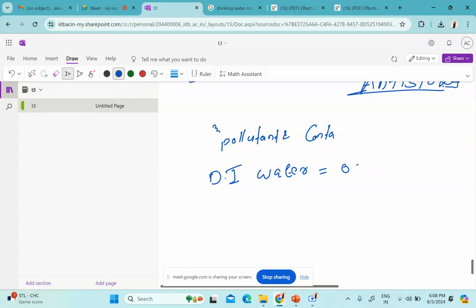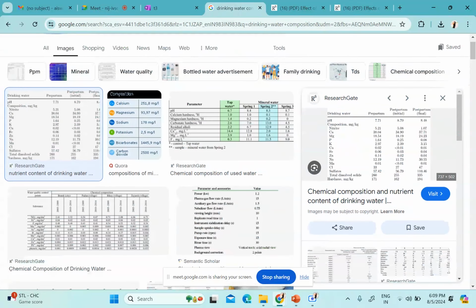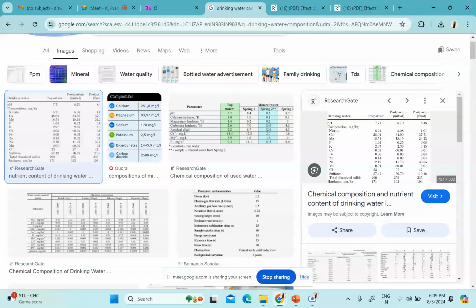So we measure the purity. One way to measure whether pure H2O is present or not is to measure the conductivity, and when we see that the conductivity is very high, that means a lot of ions are present.